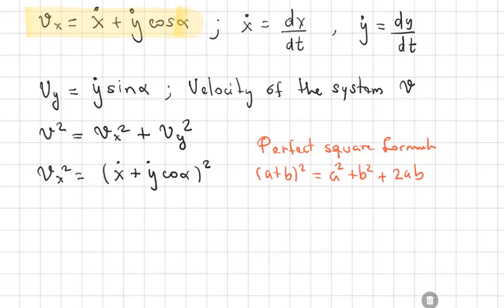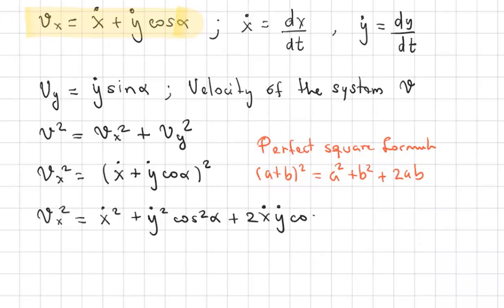When we use it, we get the first term squared, plus the second term squared, plus 2 times the first term multiplying the second term. And that's Vx squared.